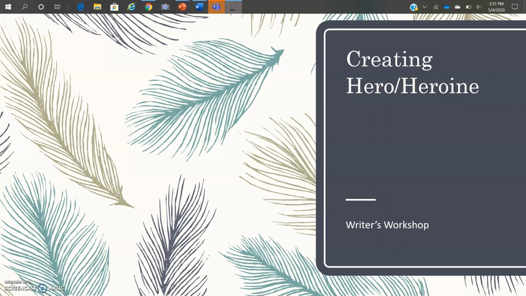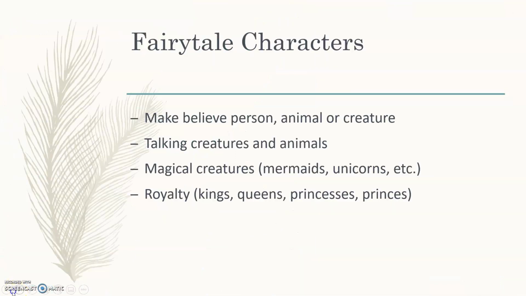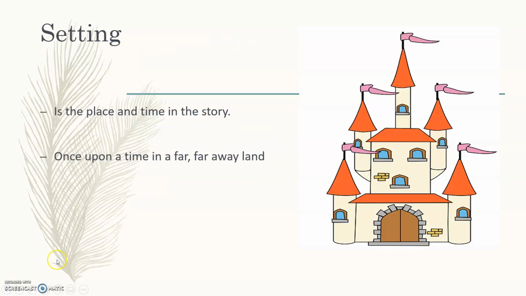Today we're going to be talking about creating a hero/heroine for our fairy tale stories. So yesterday we chose the settings for our story. And we know that a setting is the place and time in the story. So for one of our heroes, and we picked one for our villains, right? We were also able to describe the setting using descriptive language, which is going to help paint a picture in your readers' minds when they are reading your stories.